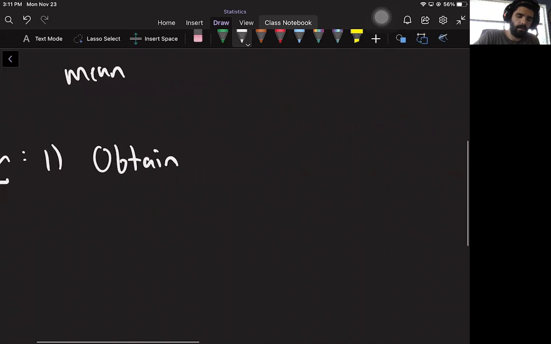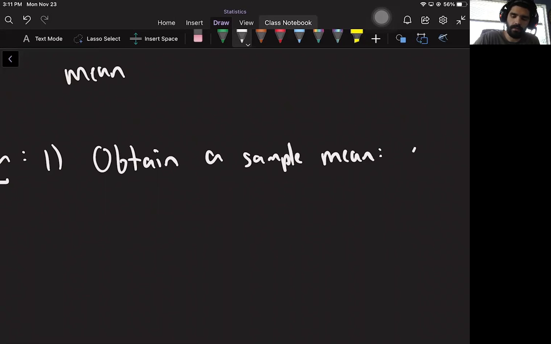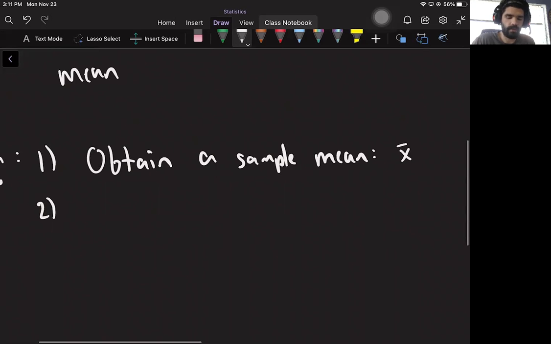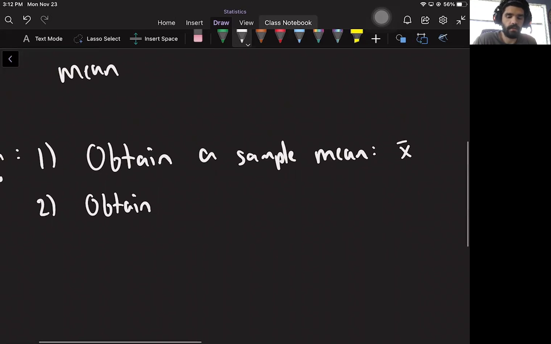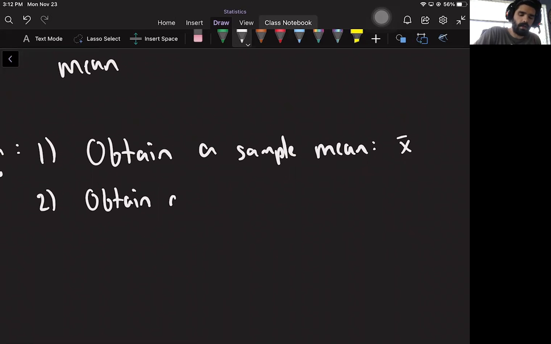So the first step is we're going to get a sample mean, which is going to be called little x bar. That's sort of like getting a sample proportion, a point estimate for this type of problem. And then we need eventually to make the confidence interval, which means we need to make a margin of error, which means we need a standard deviation. So we're going to get a sample standard deviation.